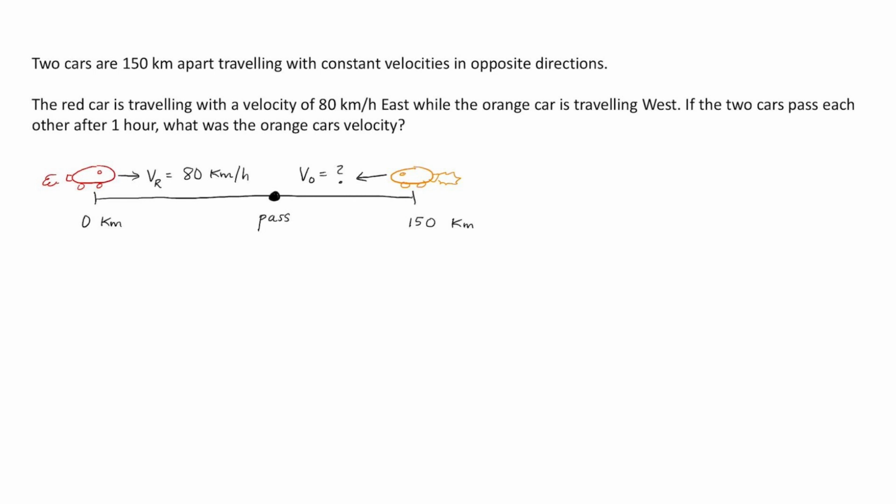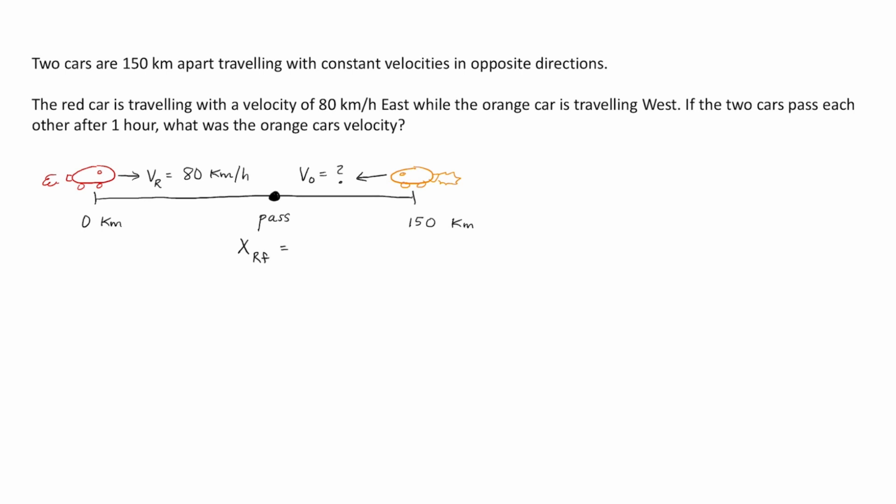Now what makes this question more difficult is that we're working with 2 objects. So notice how I use subscripts to differentiate between the variables for the red car and the orange car. And now there's 2 very important things that you have to recognize in order to answer this question. The first is that when the cars pass each other, they will be in the same position.